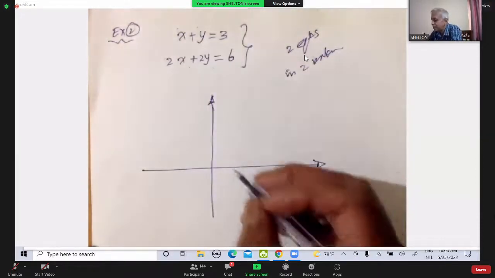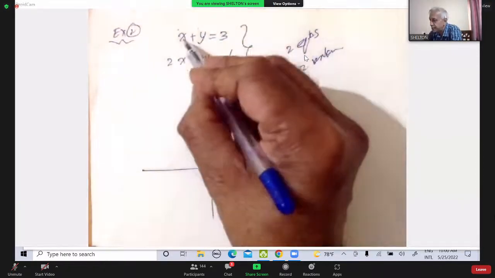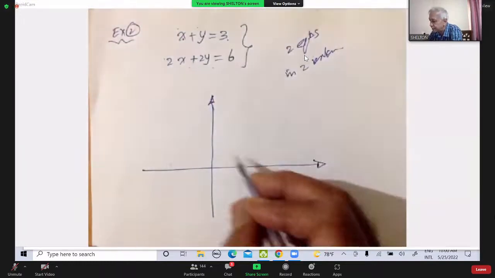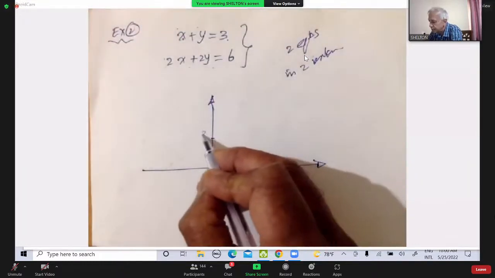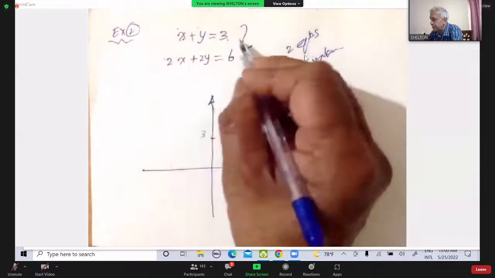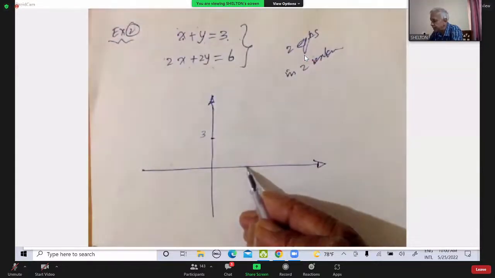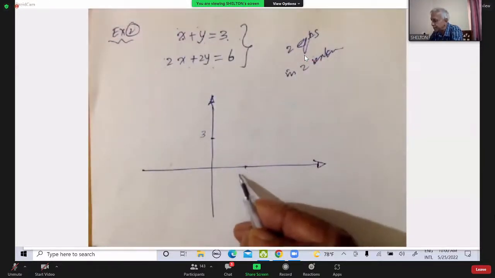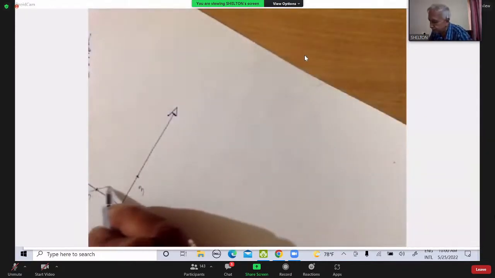x plus y equals 3. When x is equal to 0, y is 3. When y is 0, x is 3. So this is that equation, a straight line.